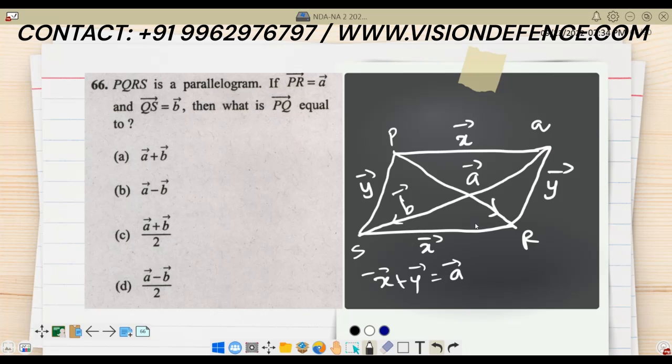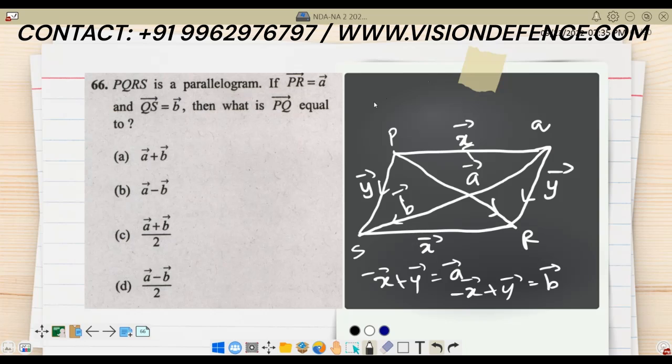Now minus X plus Y vector. Look here, this is the direction of the Y vector. So minus X plus Y vector is going to be the B vector. This is the direction we should move. This is minus X, this is Y, so the B vector.